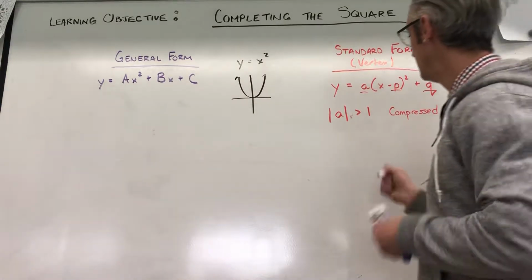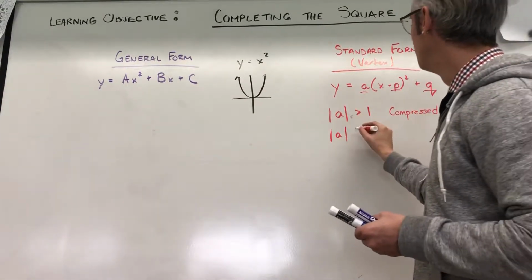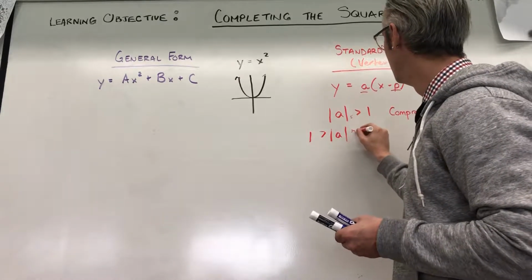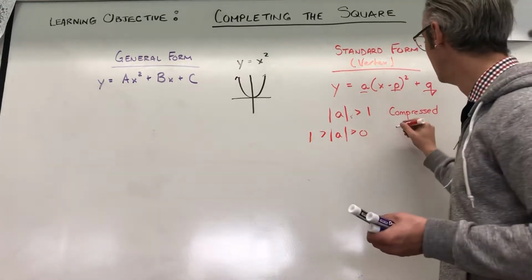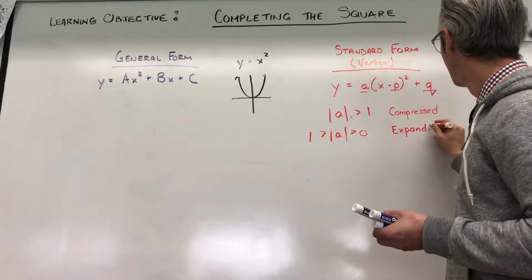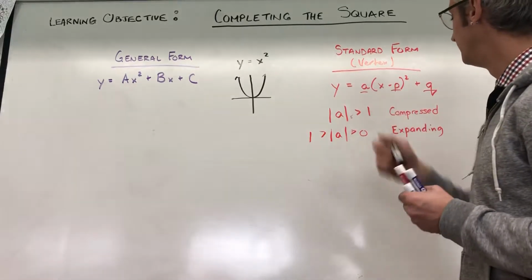If the absolute value of a, just the value of a regardless of its sign, is a number between 0 and 1, so if a is a fraction, we're going to be expanding. So that's what we can see right off the bat with our standard form.